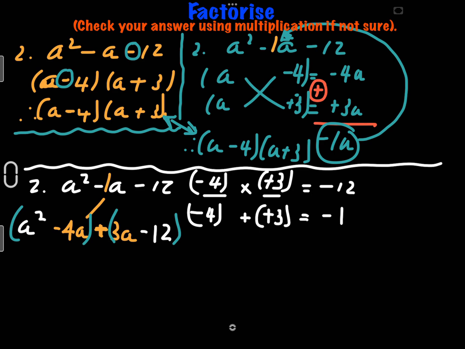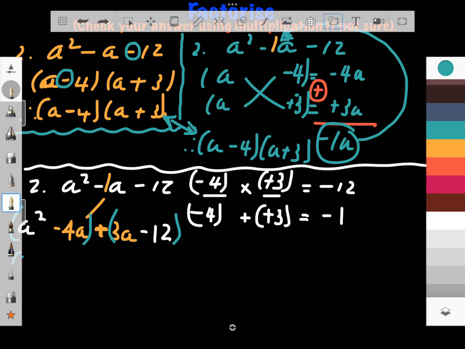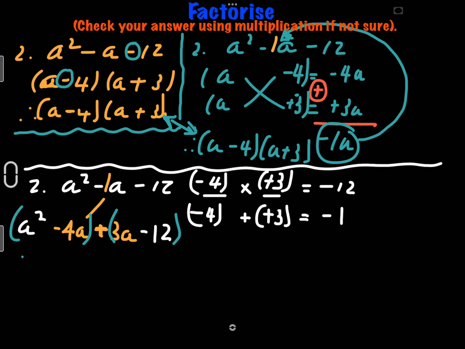Now what we need to do is to find a common factor. A is a common factor. So we know that a multiplied by a gives us a squared, minus 4. Okay, close bracket. And our common factor in the second parenthesis is 3.